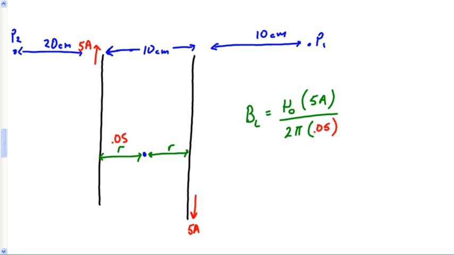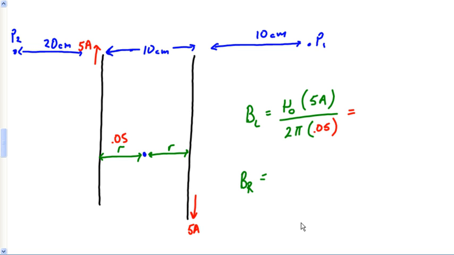So that would be the equation for the one on the left, and then the one on the right. So what would B be for my right wire? What would be my magnetic field strength? Well, if you actually look, it's the exact same, because in the case of the wire on the right, you've still got a 5 amp current, and you've got a 0.05 radius.